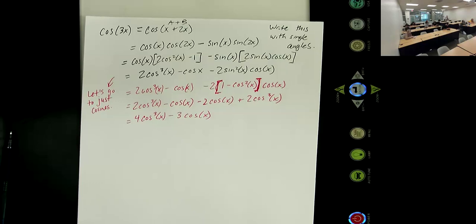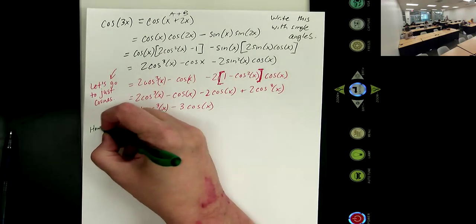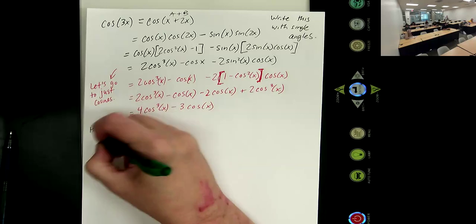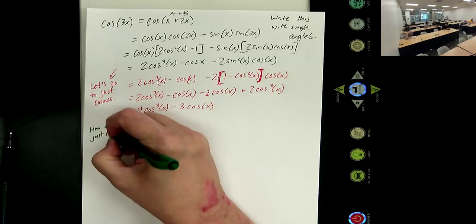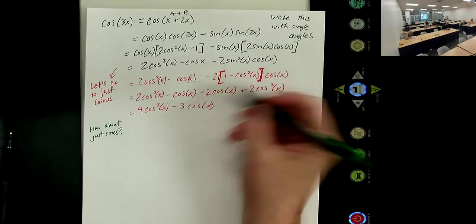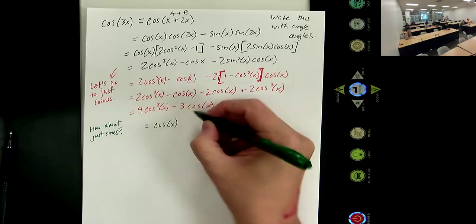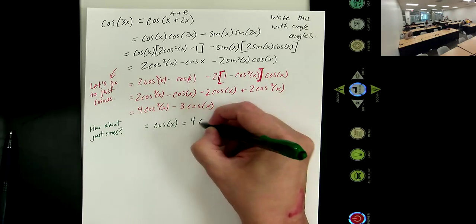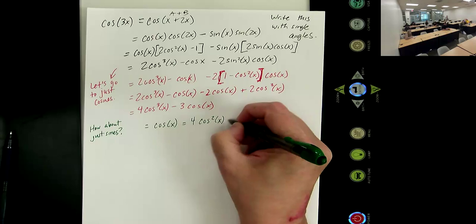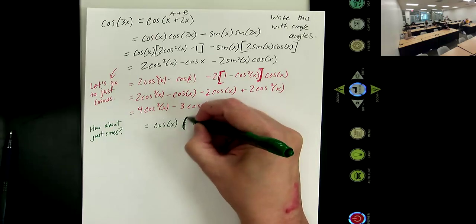We actually have the means to write it in terms of just sines too. How about just sines? To do that here, I'm going to factor out a cosine x and make this 4 cosine squared x minus 3, times cosine x.